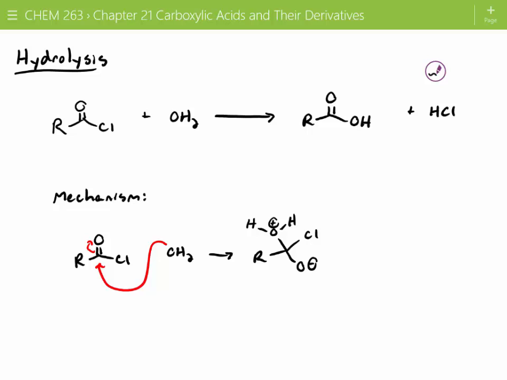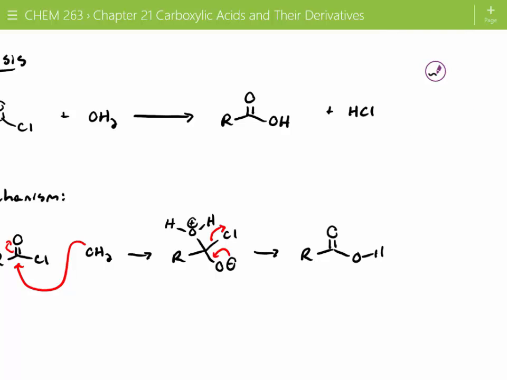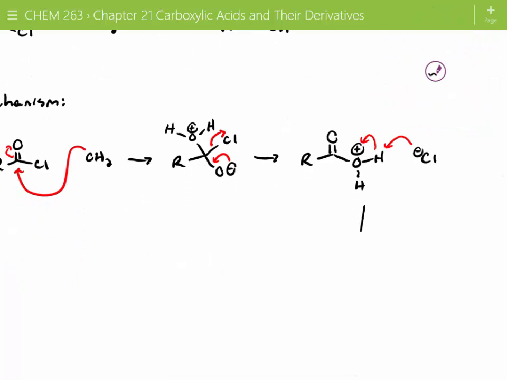If you add a lot of hydrochloric acid to a carboxylic acid, will you form the acid chloride? No, the carboxylic acid is thermodynamically much, much more stable. All right, the next step, you can clamp down, kick off your halide. You have your chloride that can act as a weak base, and you get straight back to your carboxylic acid.